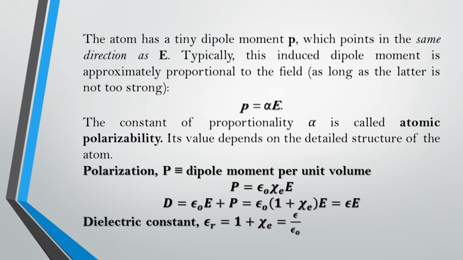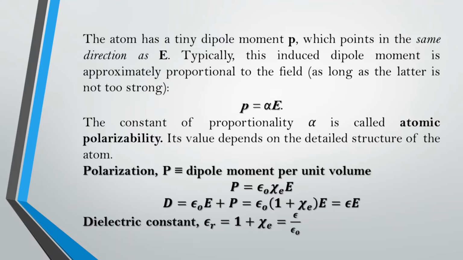Why? Because the electric field will polarize the material, and the polarization itself will create an electric field, and that will modify the external field. So it will be a continuous process. The electric field will change the polarization, and the polarization itself will change the electric field.